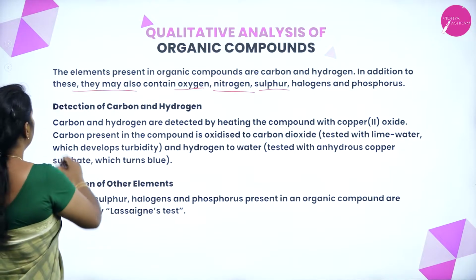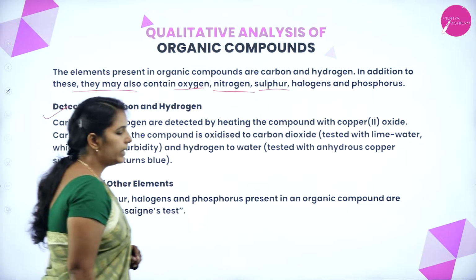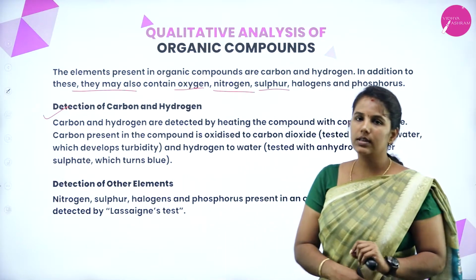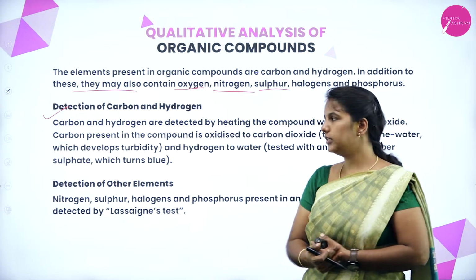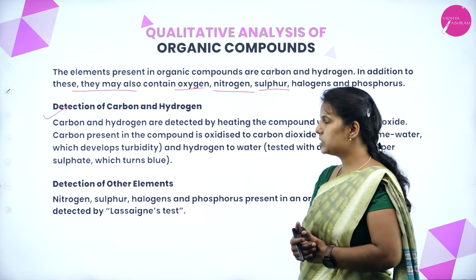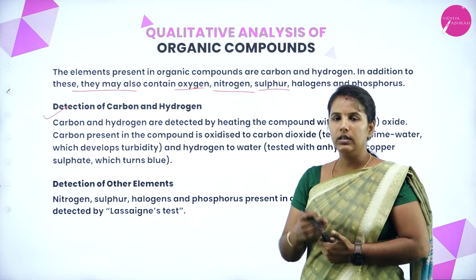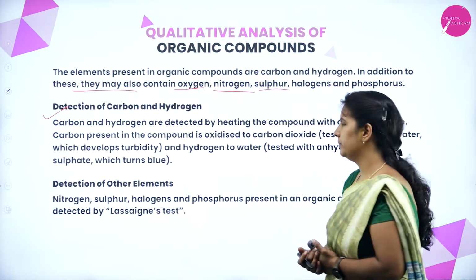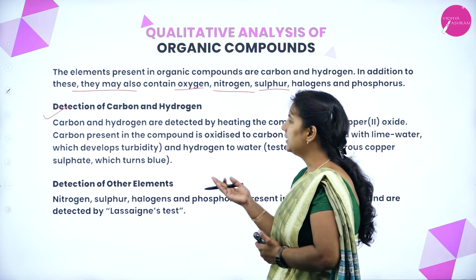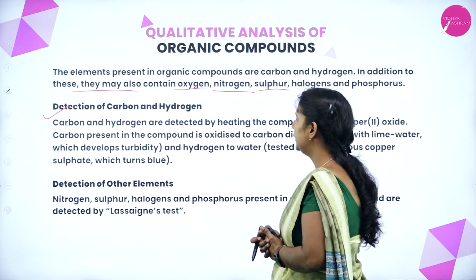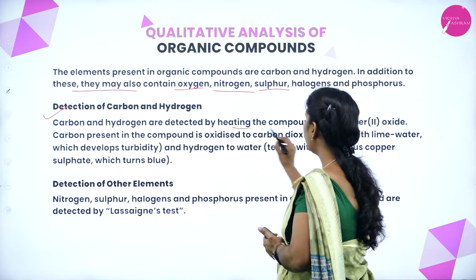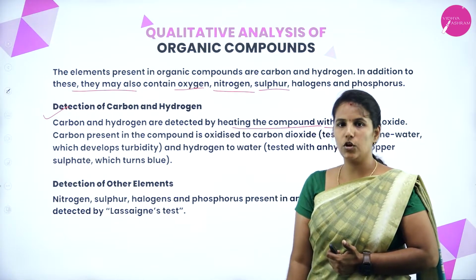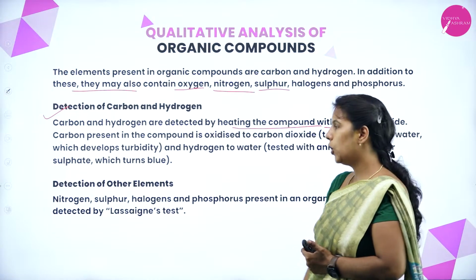I will go with the detection of carbon and hydrogen from the given organic compound. Okay. So, this is the first thing that you must know, how the methods will be done and how the entire process will be done for the detection. The carbon and hydrogen are detected by heating the compound with copper 2 oxide, which we also call cupric oxide.